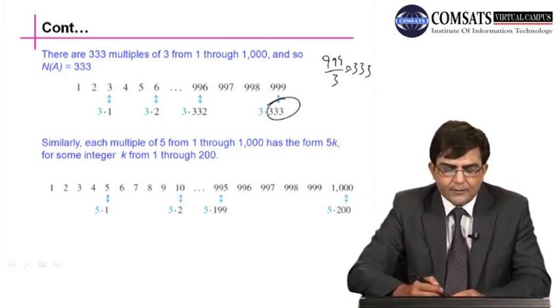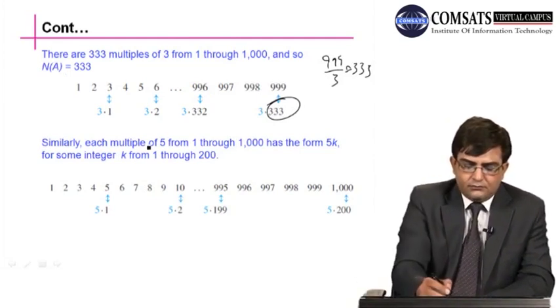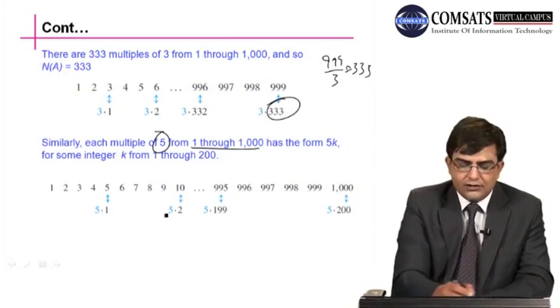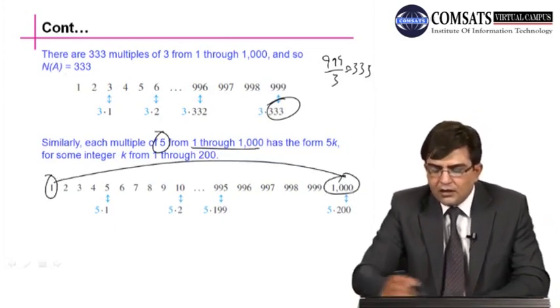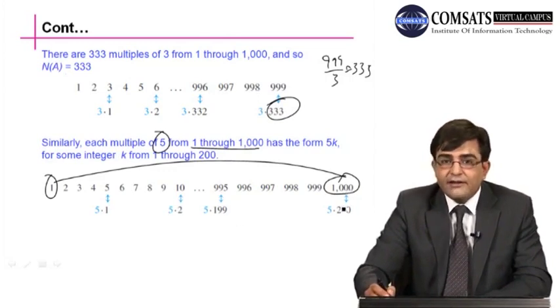Similarly, we can calculate multiples of 5 from 1 through 1000. If we write from 1 through 1000 here, now 1000 is divisible by 5.